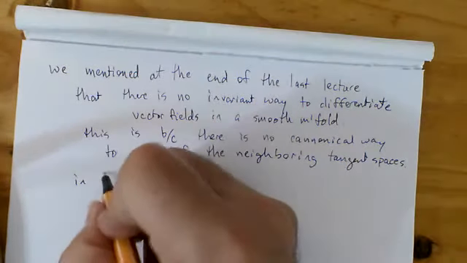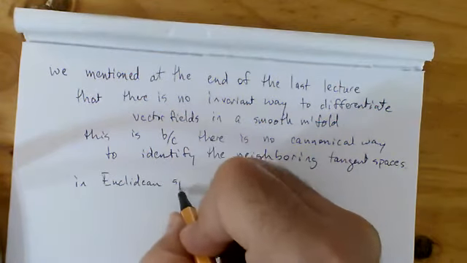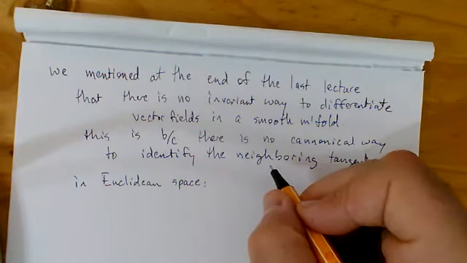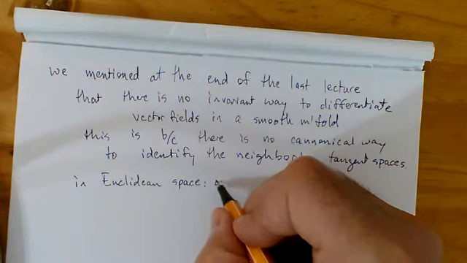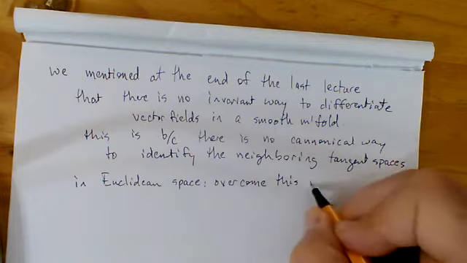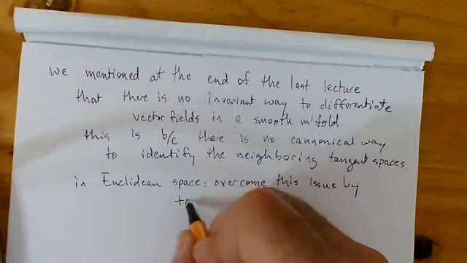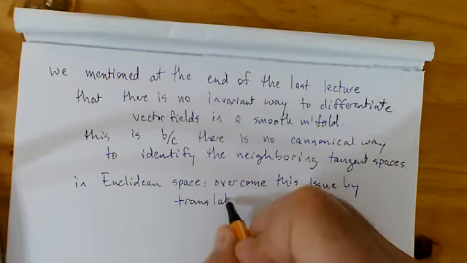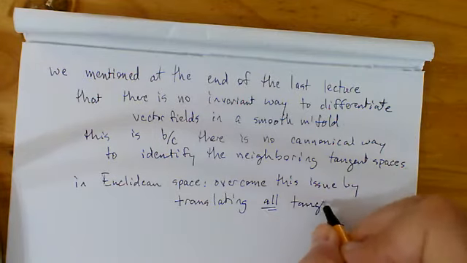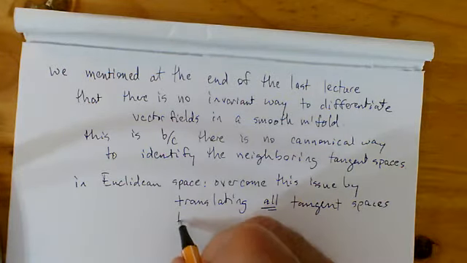And in Euclidean space, you overcome this issue by translating all tangent spaces back to the origin.